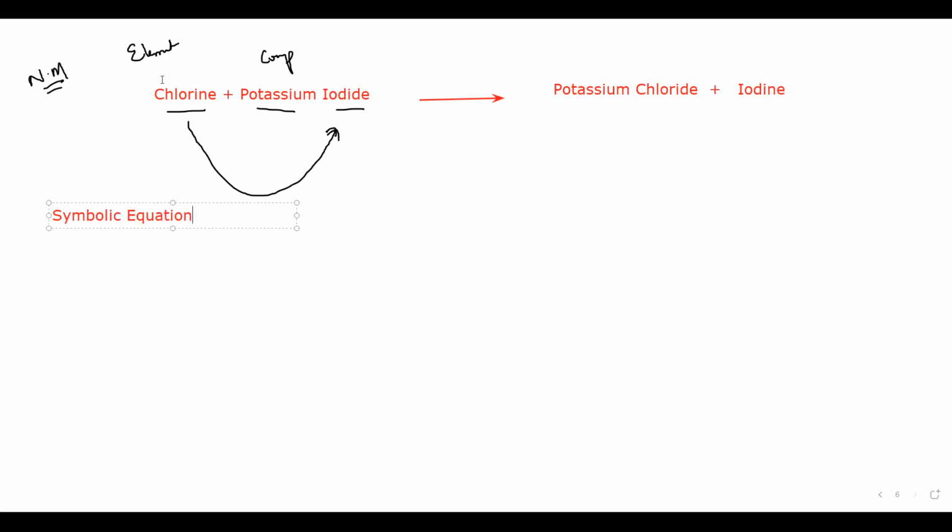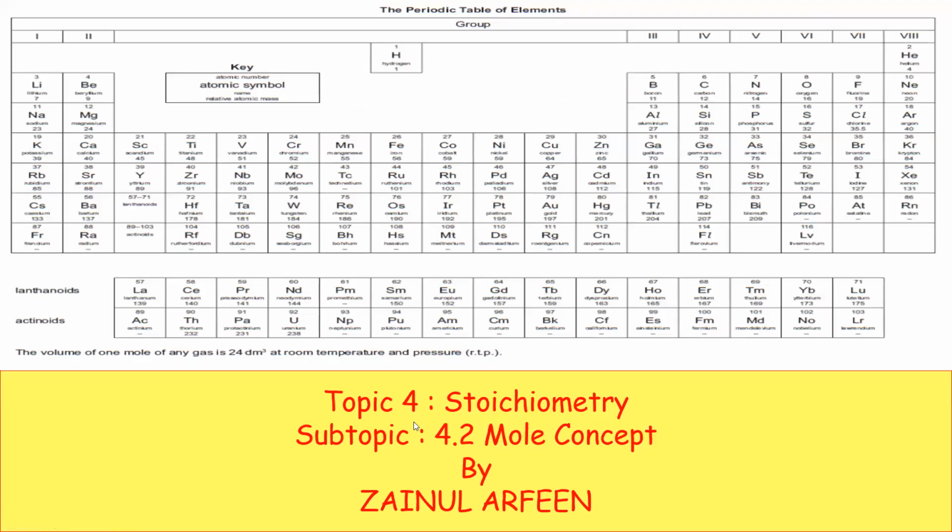Now, how to complete a symbolic equation? Chlorine symbol is Cl, but because chlorine is a non-metal and a non-metal should be a molecule, it is Cl2. Potassium iodide is a compound. Whenever there is a compound, how to write a formula? You have to use the periodic table.